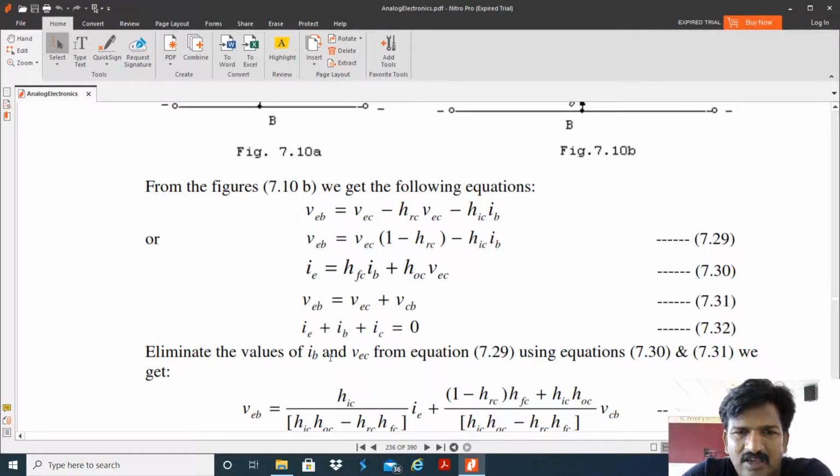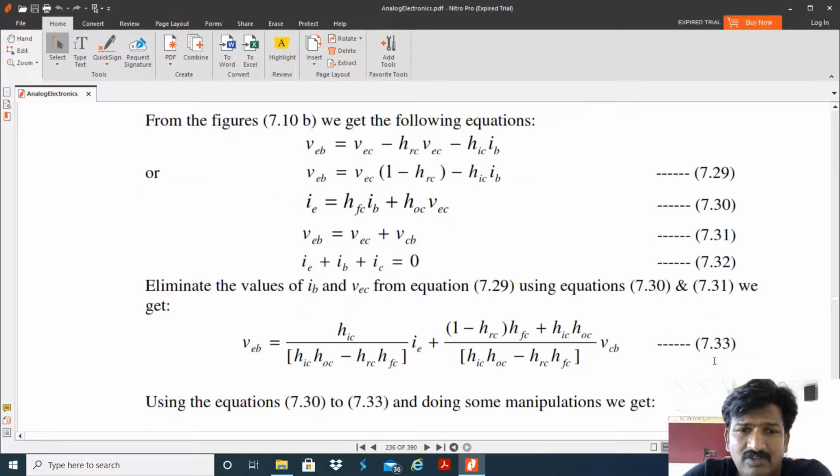Here you should understand, eliminate the value of IB and VEC from equation 7.29. You should eliminate IB and you should eliminate VEC from equation 7.29 using equations 7.3, 7.30 and 7.31. Then we have VEB in terms of IE and VCB only.